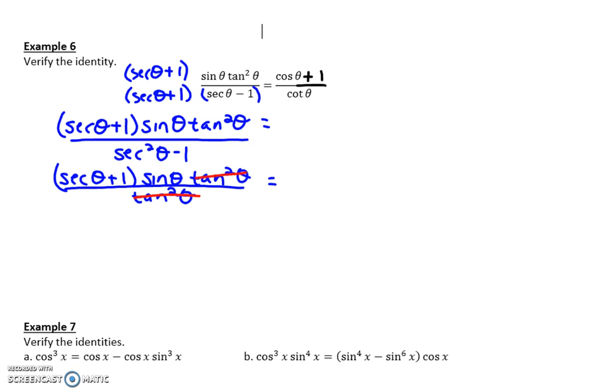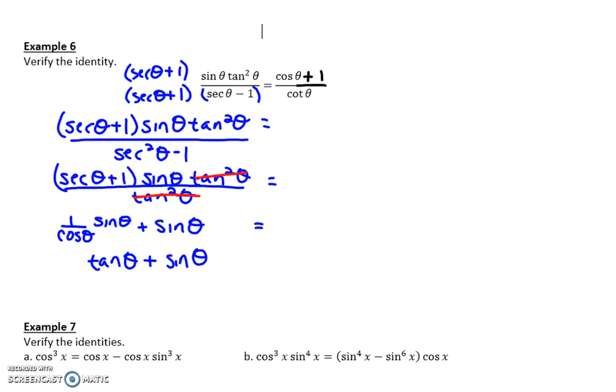Okay, so then we can distribute that sine, and I'm also going to turn secant into 1 over cosine. So then that becomes sine theta times 1 over cosine theta plus sine theta. Okay? And then we end up with sine over cosine, which is actually the same thing as tangent of theta, plus sine of theta.